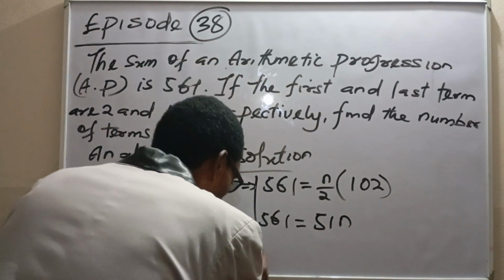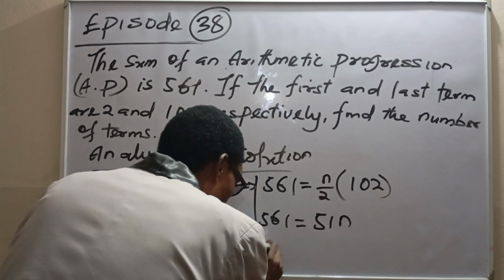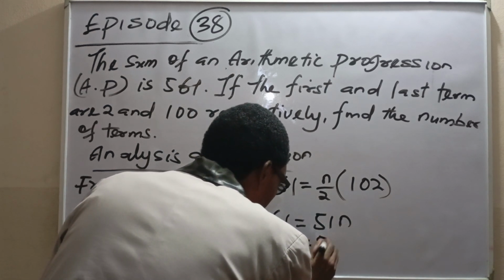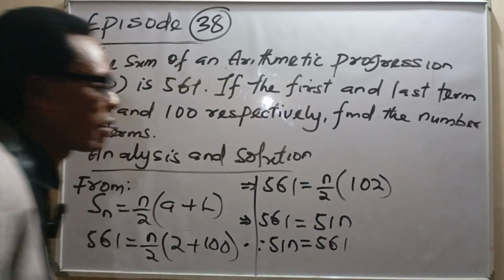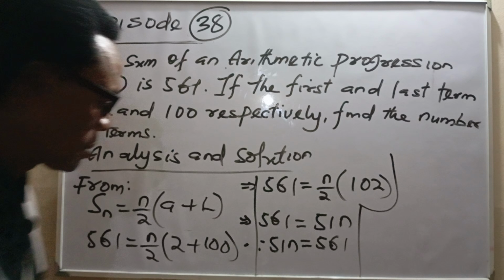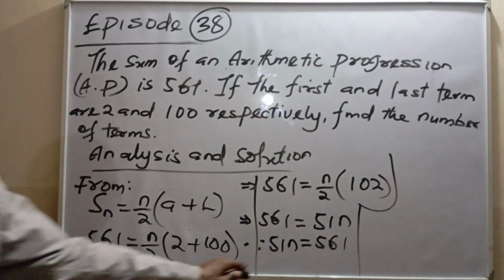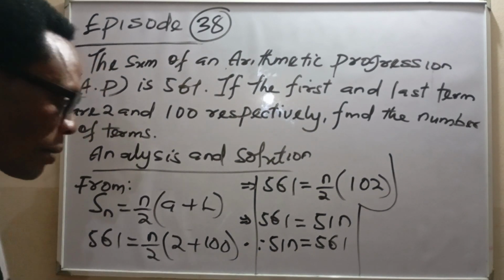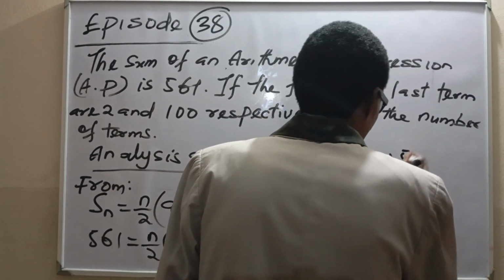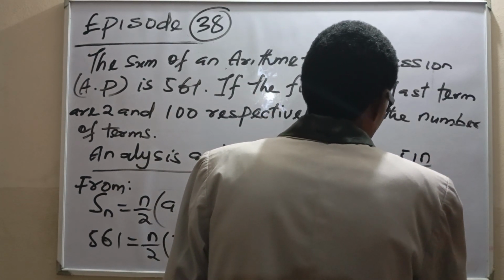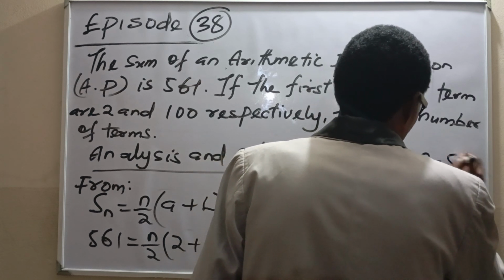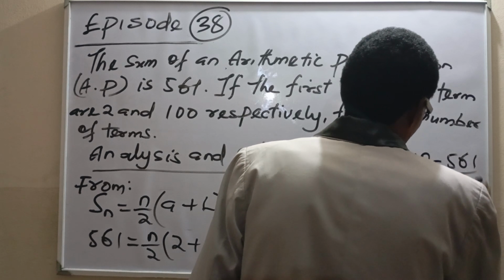So we can do it like this: 51n equals 561. At this juncture, we can divide both sides by the coefficient of n, which is 51. So 51n over 51 equals 561 over 51.